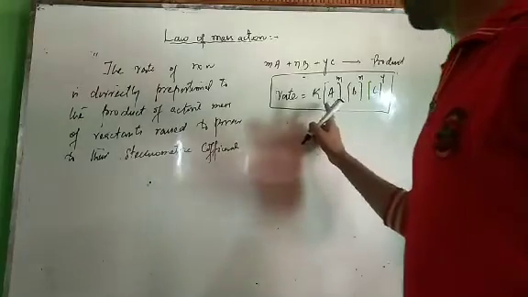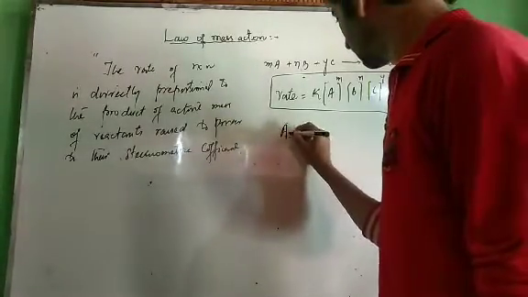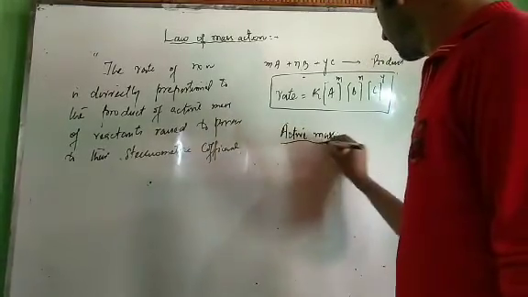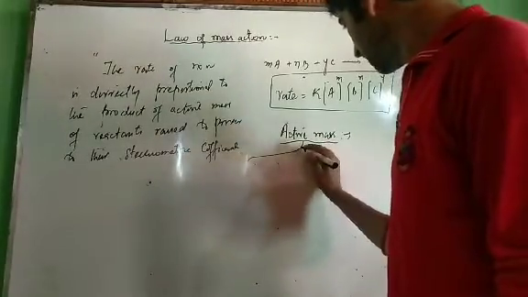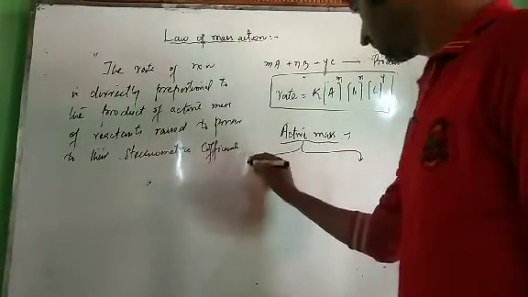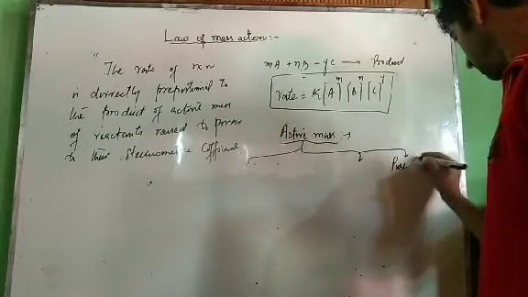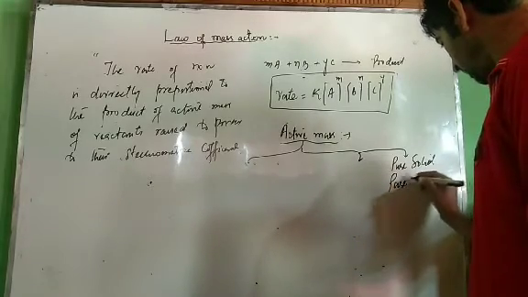Now here one more term comes up, that is active mass. Now what is this active mass? Now see, to define active mass, I will take 2-3 species: pure solid and pure liquid. This is a very important concept.